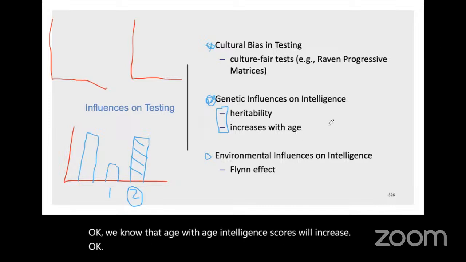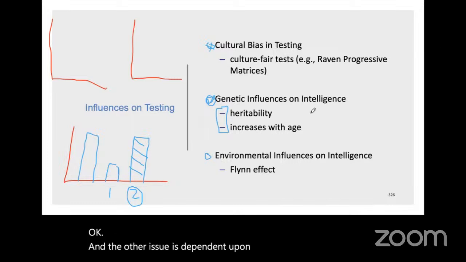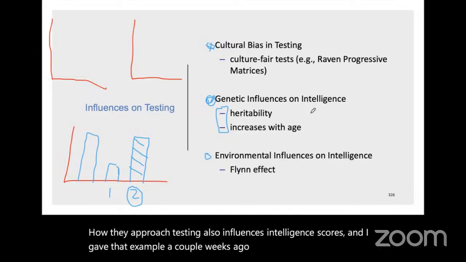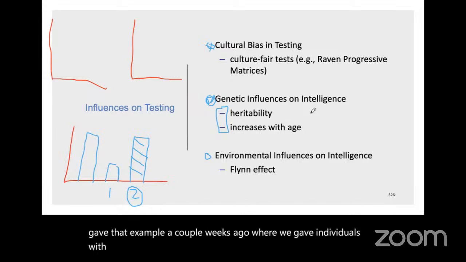And the other issue is that, dependent upon a person's life experiences, how they approach testing also influences intelligence scores. I gave that example a couple of weeks ago where we gave individuals with IQs of around 90 to 100 either a hard to read IQ test or an easy to read one.